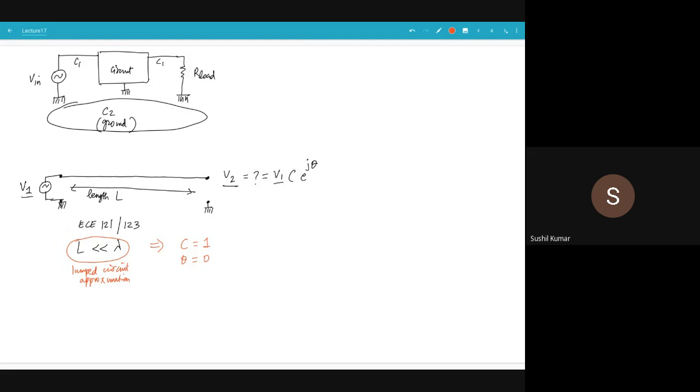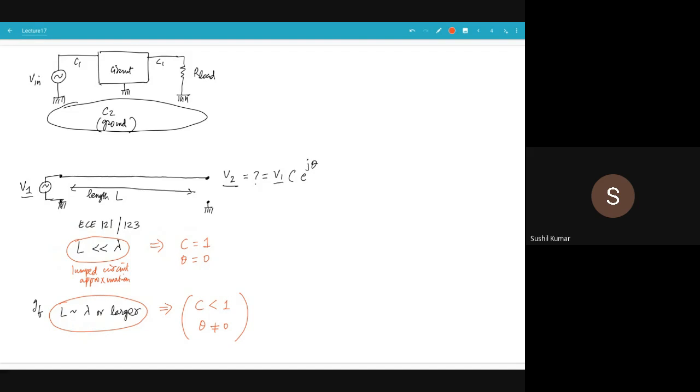But if L is of the order of the wavelength or larger, then it's no longer true. C is not equal to 1. So I have to say that C will be less than 1. It cannot be greater than 1. You cannot amplify a signal just by a wire. And theta will not be 0.